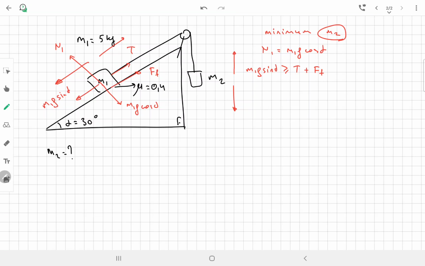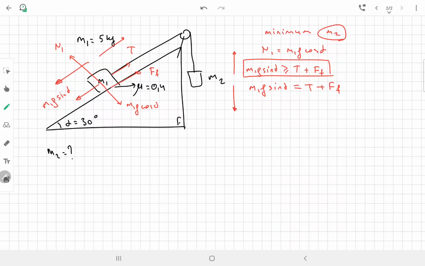So we are assuming that acceleration equal to 0. It will move in this direction if we have this condition. So of course we will say that it's equal, to make it simple, m1g sine alpha equal to tension plus friction force. This is basically Newton's second law with zero acceleration.